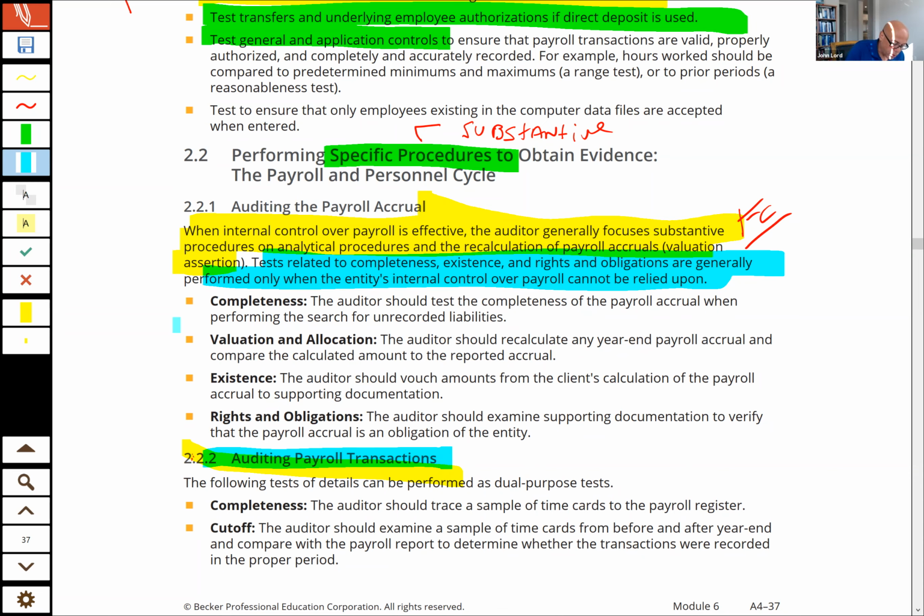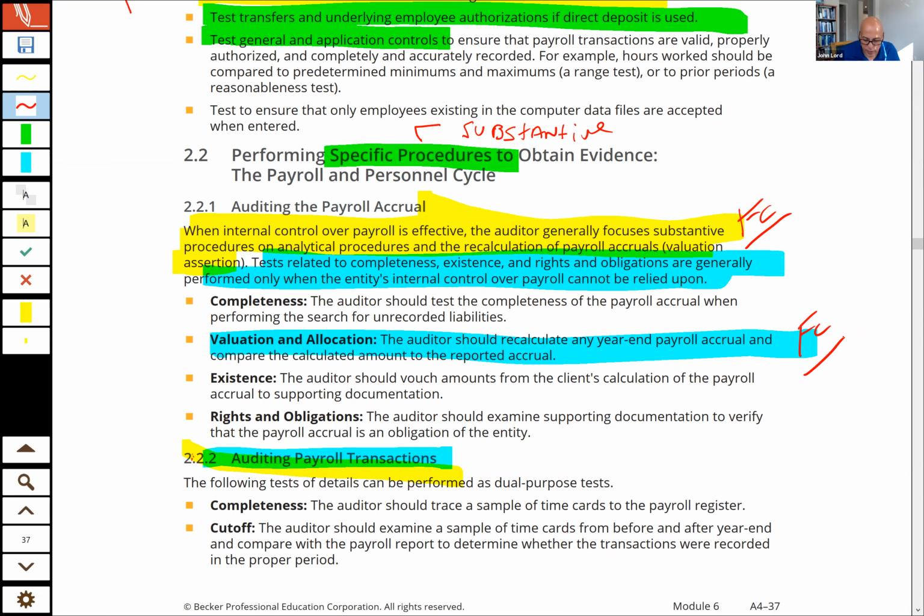Now, we said that you're primarily going to do an analytic procedure, and you're going to do what? Test year-end accruals. Okay, that is something that you would do a procedure on, which is to make sure that if the year ends on Thursday and we don't pay until Friday, then you're going to have to do what? You're going to have to accrue the liability for payroll payable, right?